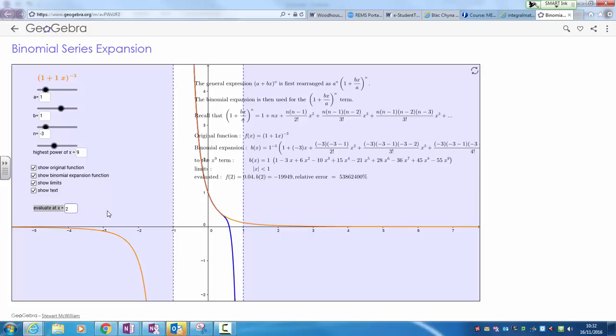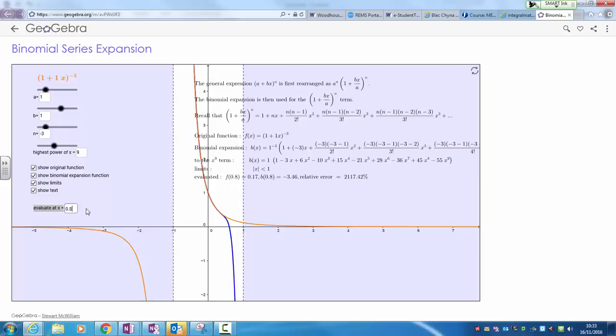Let's see what happens when you put in something like 1.5. Still quite big. Not a good approximation. Okay? Let's see what happens when you put in about a 1. Okay? That's still massive, even at 1. But if we put something less than 1, let's try 0.8. Okay? Still over 2,000%, the relative error. Okay?